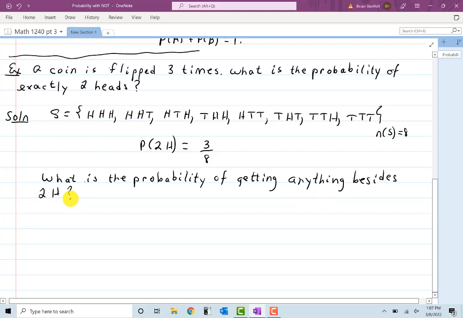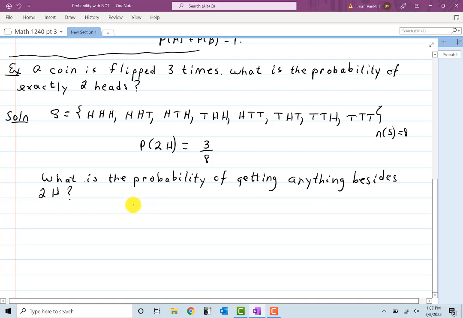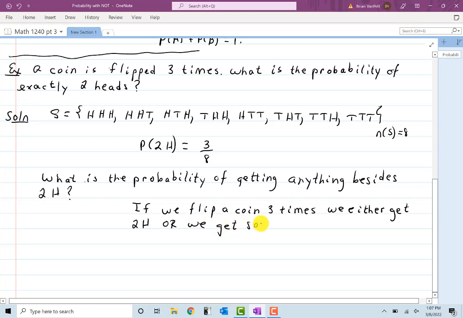When you flip a coin 3 times, we can do this. If we flip 3 times, we either get 2H or we don't. Or we get something else. How's that?